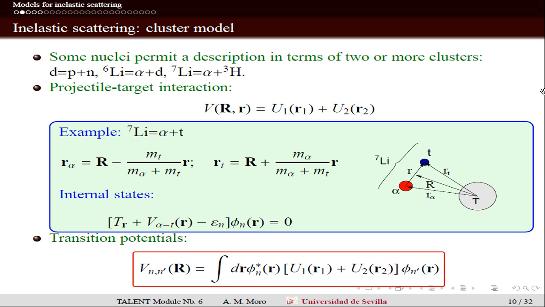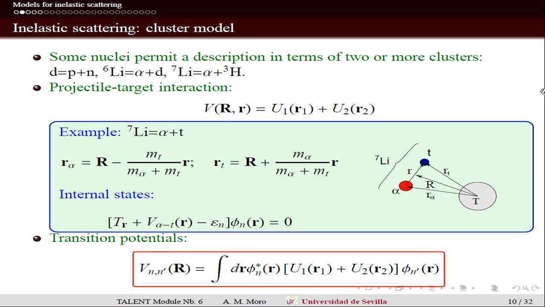In principle, in the strict cluster model, we don't allow for excitations of these clusters. This is something natural in the deuteron case, because at our energies the proton and neutron are objects that cannot be excited. This is maybe not so natural for other systems, but it can still be very accurate, at least to describe part of the spectrum at low energies.